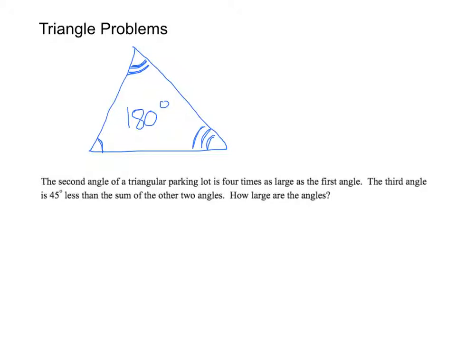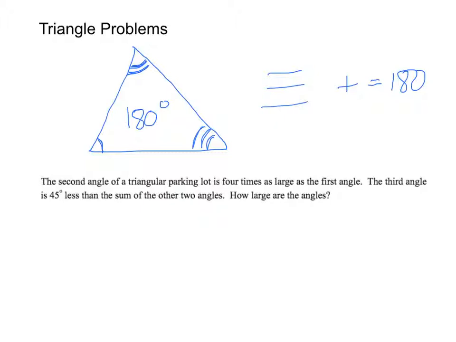That's all we need to know. So our technique is going to be, we have three angles always. Our technique is going to be to represent those three angles and then add them up and set them equal to 180 degrees. So you've got to find a way to represent the three angles. So you want to look at the angle you know the least about.